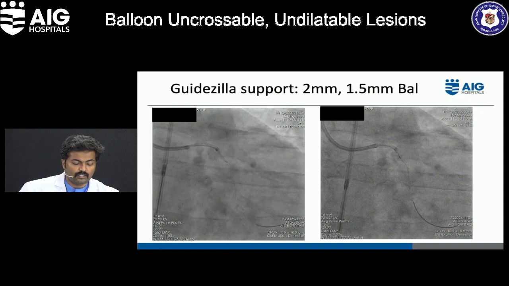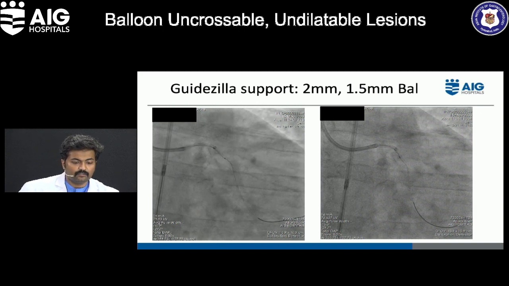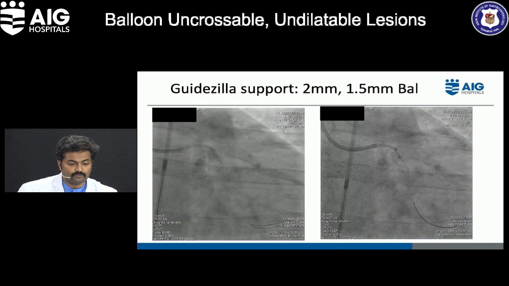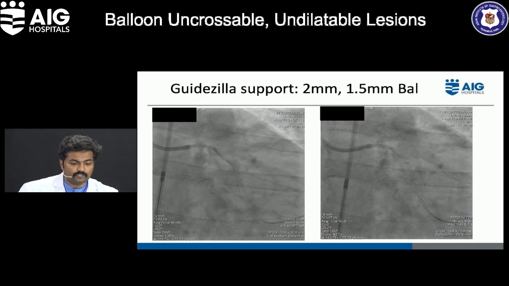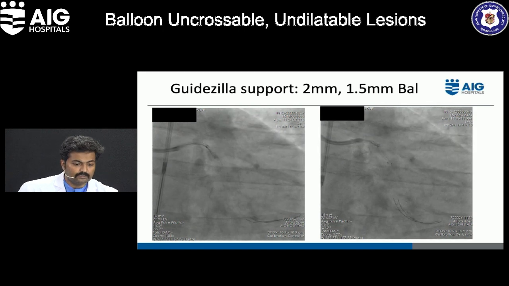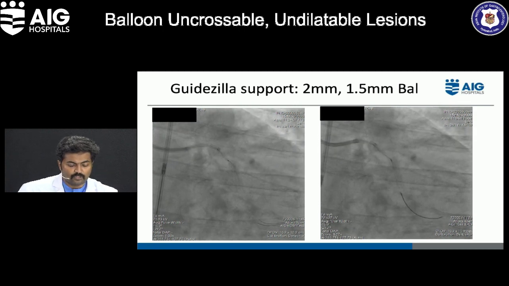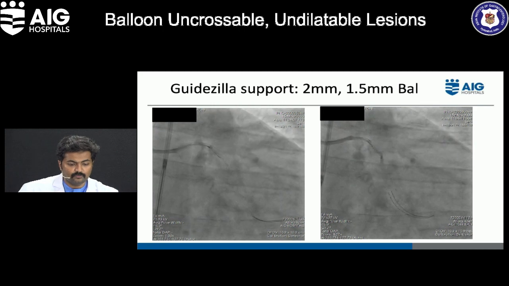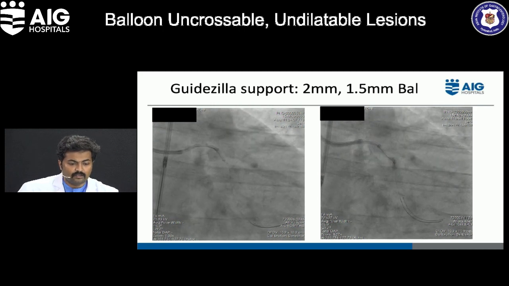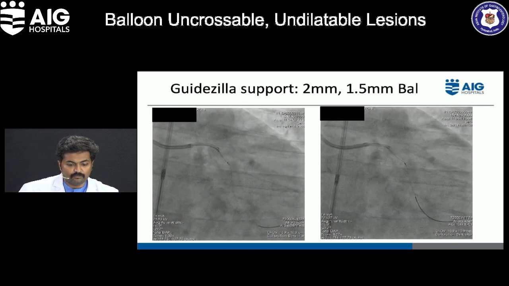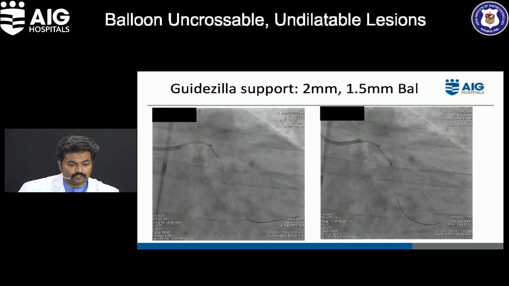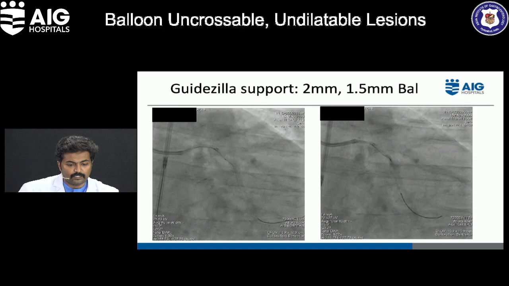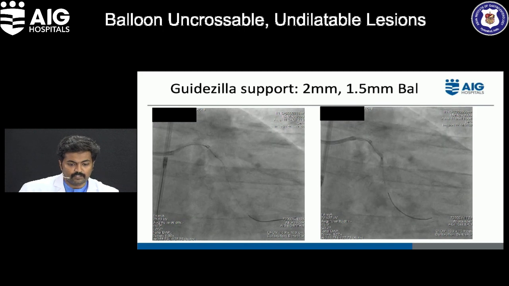So like Dr. Rajiv discussed, multiple options were used here. We took the best possible guide, 3.5 with extra support. Then we took smaller profile balloons, and a Guidezilla was taken here to help the balloon track. With the help of Guidezilla support, we tried to cross the lesion with a 2 mm and a 1.5 balloon.